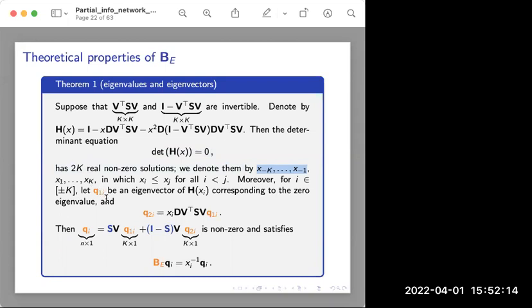Now let Q1i be an eigenvector of H(xi) corresponding to the 0 eigenvalue. H(xi) is a matrix, and I look at an eigenvector of this particular matrix corresponding to the 0 eigenvalue. That's my Q1i. And Q2i will be constructed using xi and Q1i. Q1i and Q2i are both k-dimensional vectors.